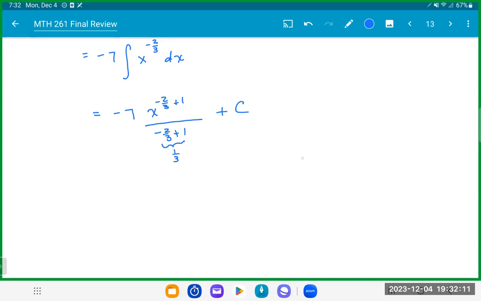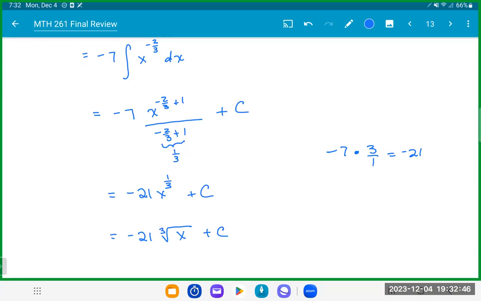So -7 divided by 1/3 is the same as -7 times 3 over 1. So that's -21. So that is going to be -21 x to the 1/3 plus c. And then the last thing is just to put that back into radical form. So we have -21 times the cube root of x plus c. Question.